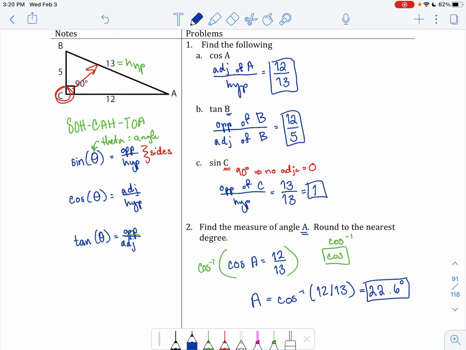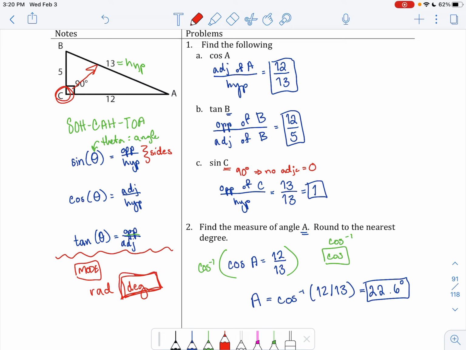Now, some of you are going to get a really weird answer that's going to be way too small. You're looking at that and you're like, that's not a 1 degree angle. This is where you want to check your calculator. You want to check the mode button. Click on the mode button, and you'll see a bunch of different options on your screen. You're going to want to make sure to look for one that says radians or rad, and then DEG or degrees.